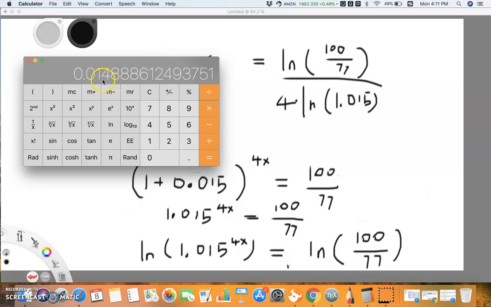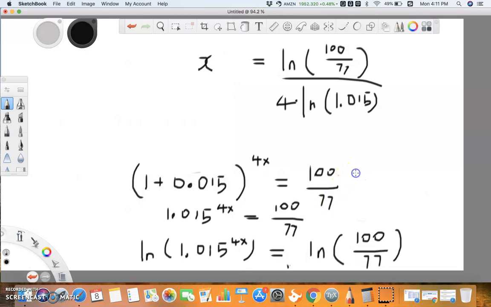So right now you have this number, 0.0148, which is the natural log, and then you click enter. So you figure out the quotient of the log of 100 over 77 and the log of 1.015, and then you divide this number by 4.